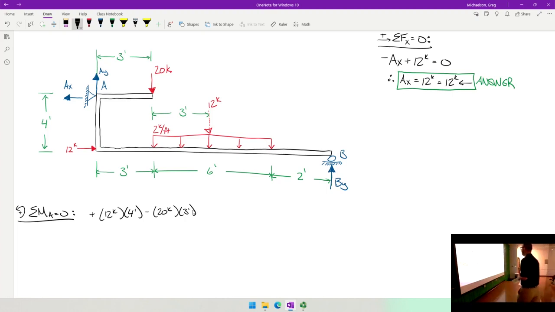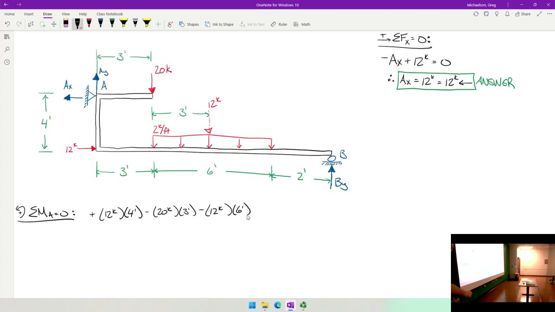Yes. Is it positive or negative? Negative. Now, what is the moment arm from A? 6 feet. It's not 4 feet, it's 6 feet. It's the shortest distance from the line of action to the point in question. So it is minus 12 kips times 6 feet.